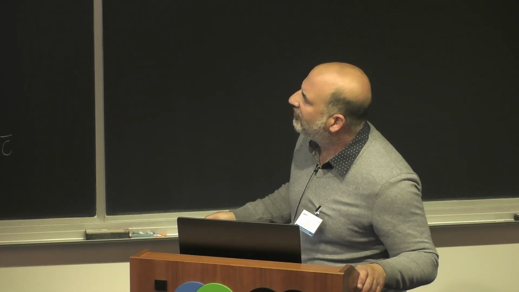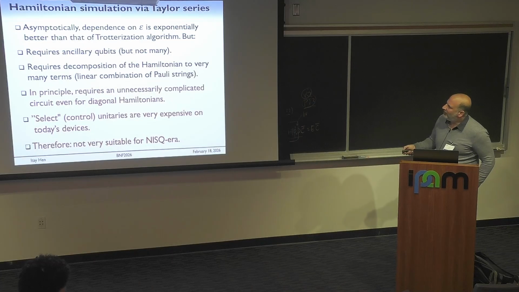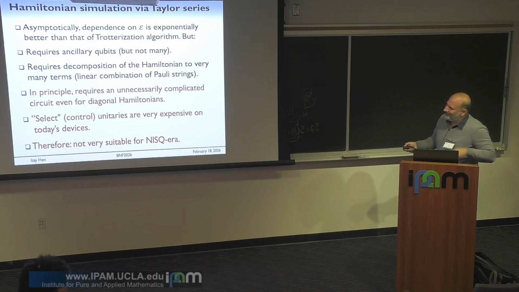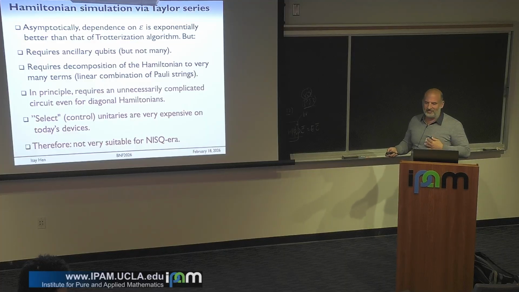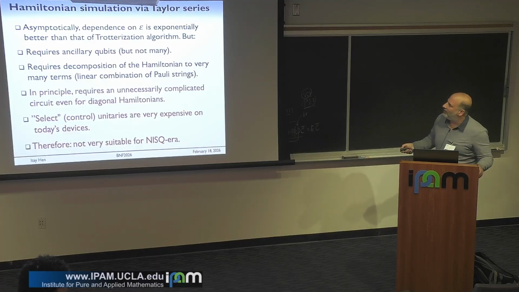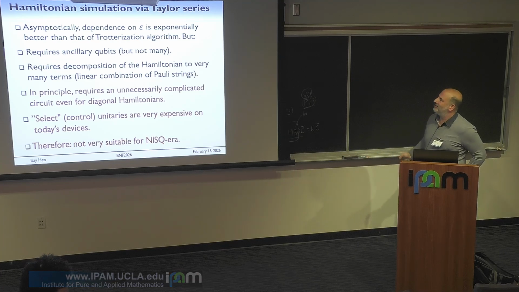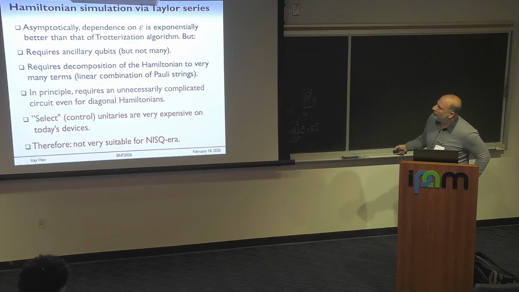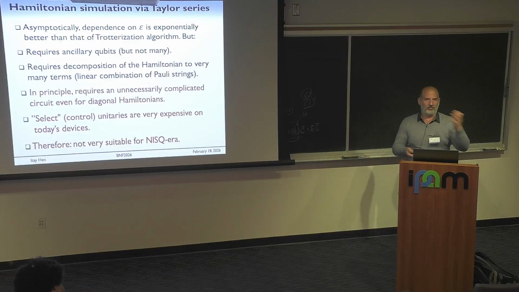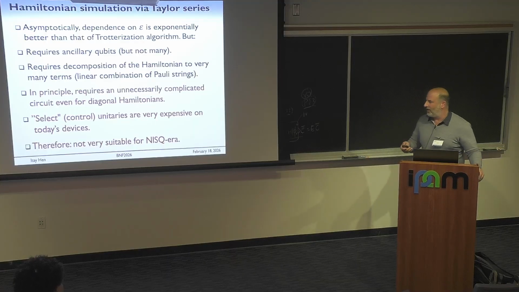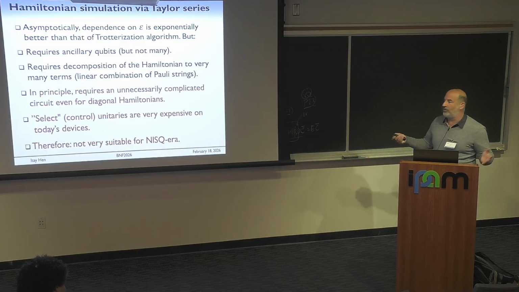And so while in principle this is all good and fine, in reality we are not actually using it. There are a couple of other tiny things that one can quibble about. For example, if somebody gives you a diagonal Hamiltonian and you did the LCU, writing it as a linear combination of unitaries and so on, it would cost you quite a bit.